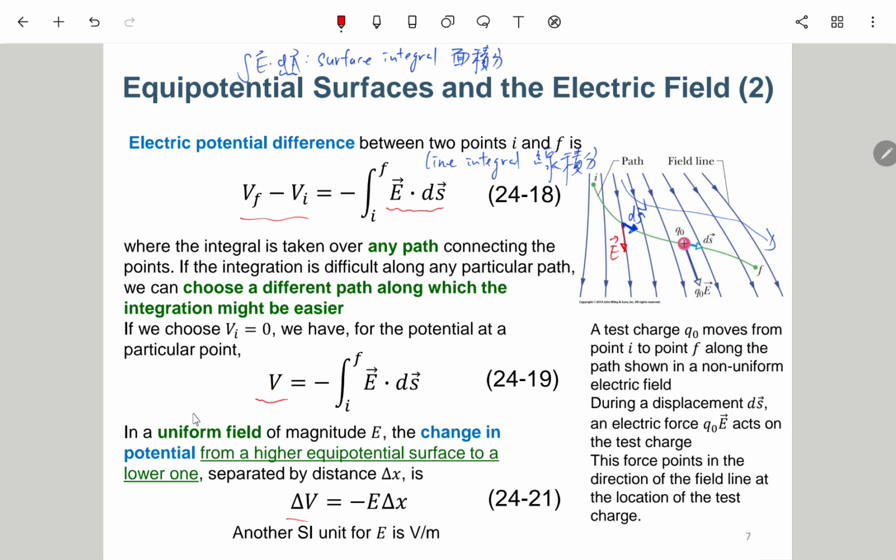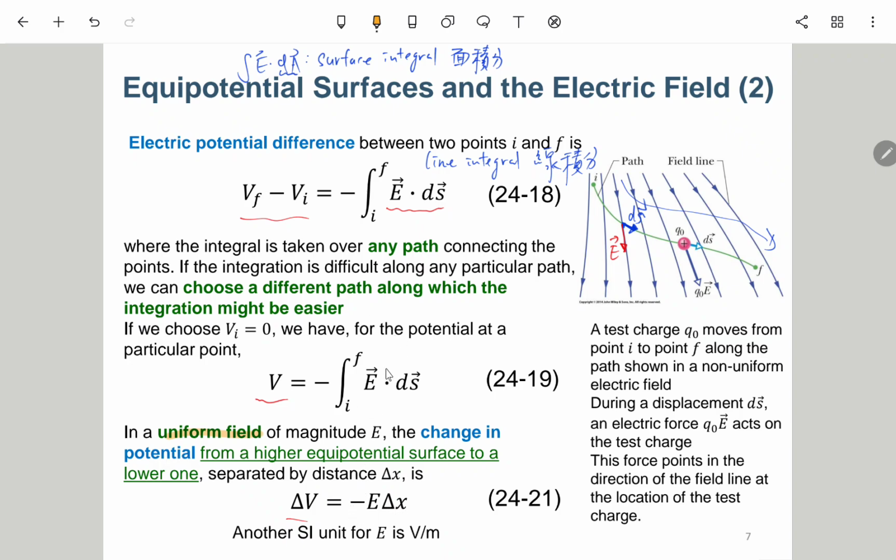Okay, and so this is a special case in a uniform field, 就是一个均匀的电场。The change in potential from a higher equipotential surface to a lower one, separated by a distance delta x, is delta V equals negative E times delta x.